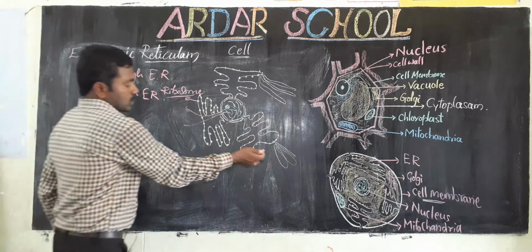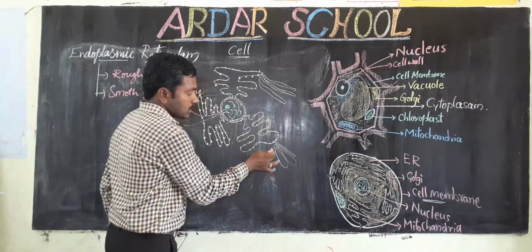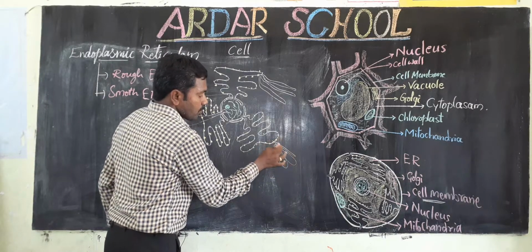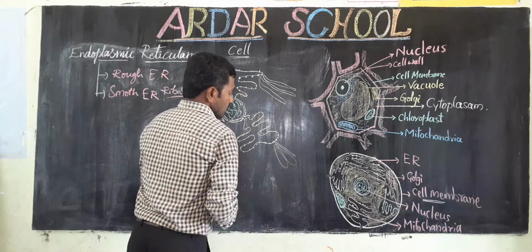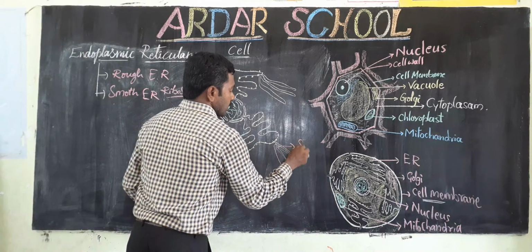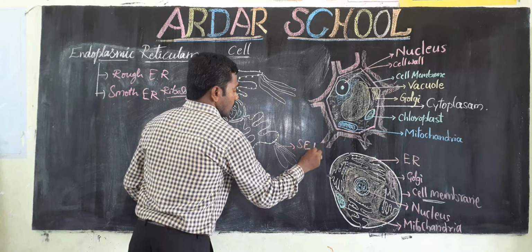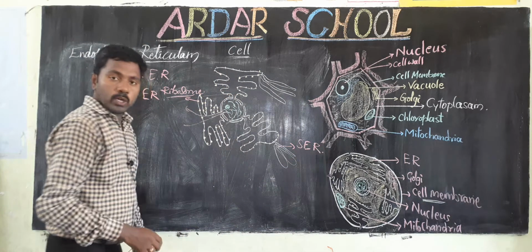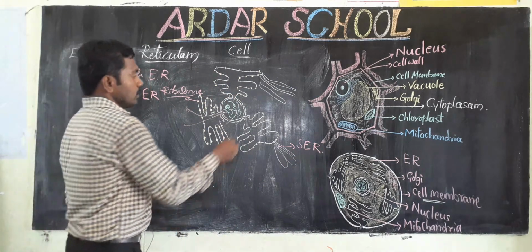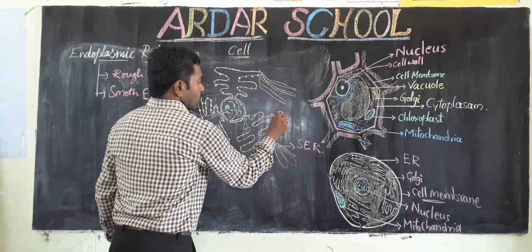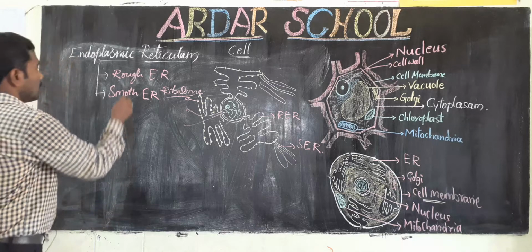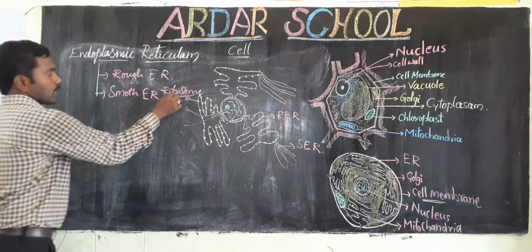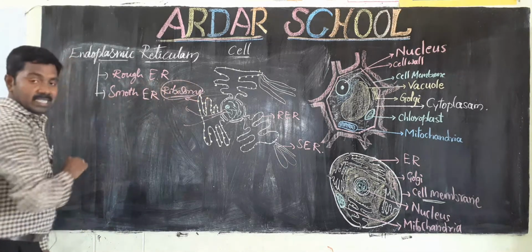Okay, so here this is also endoplasmic reticulum, but here there are no ribosomes. That's why it is called smooth endoplasmic reticulum. Here this is the rough endoplasmic reticulum. We already learnt the main function of the ribosomes: protein synthesis.